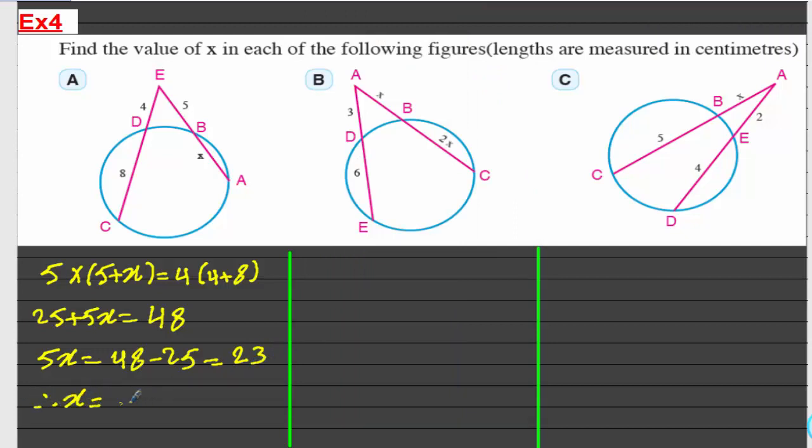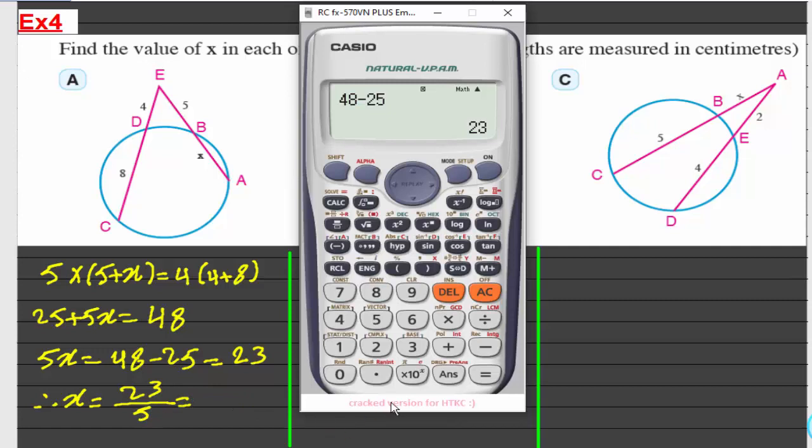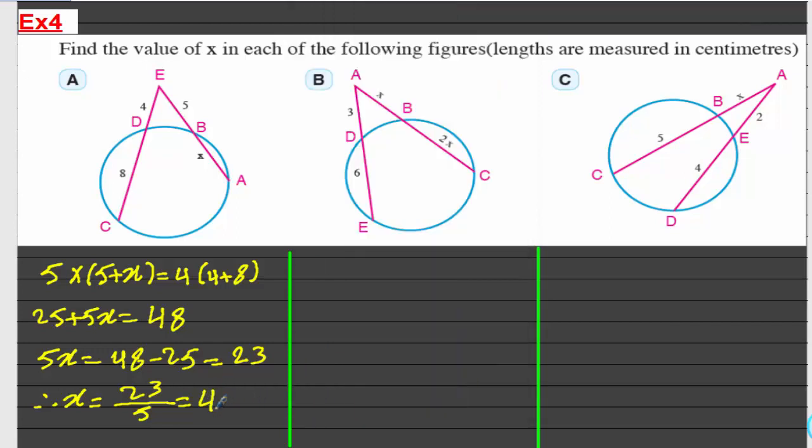So x equals 23 over 5. Here 23 divide 5 equals 4.6 centimeters.